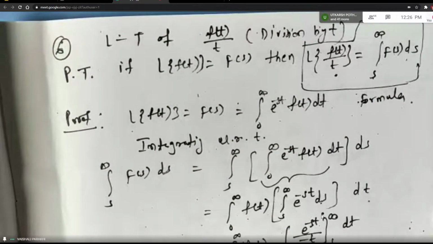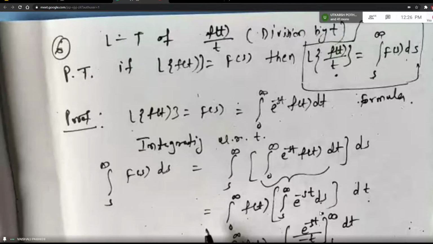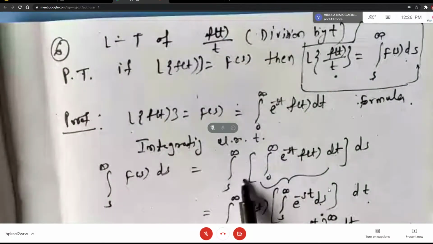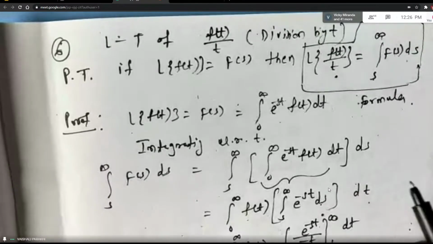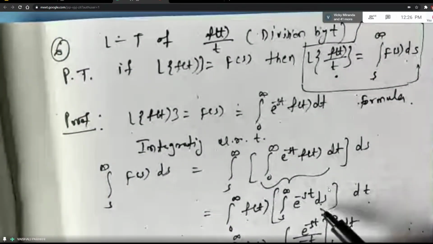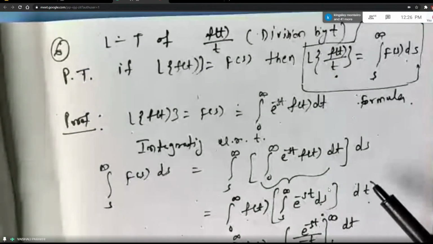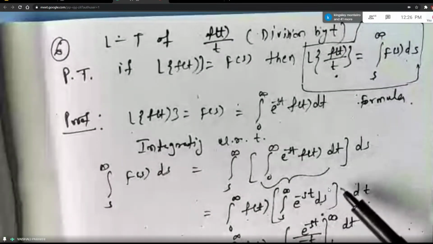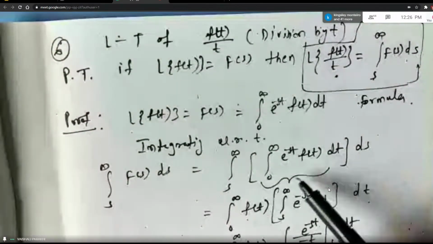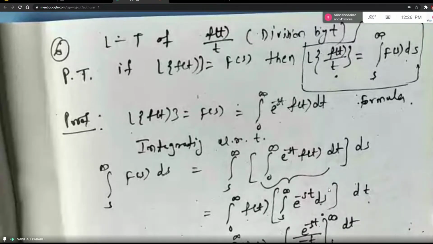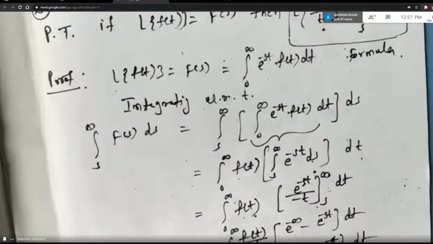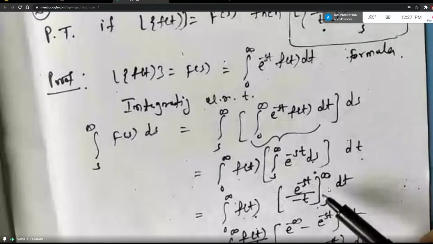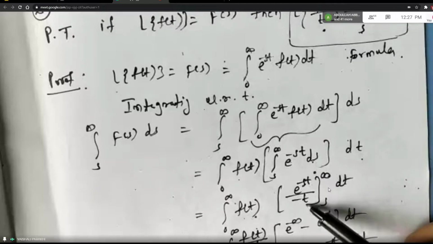Now what I'm doing here is everything is constant here. The limits are constants, right? So I can definitely separate the terms in s and t. So in the innermost integral, I'm taking only terms in s, e raised to minus st and ds. And in the outermost integral, I'm taking only f of t dt. It is only the arrangement of the terms. Now the innermost integral you can easily solve: e raised to minus st upon minus t.